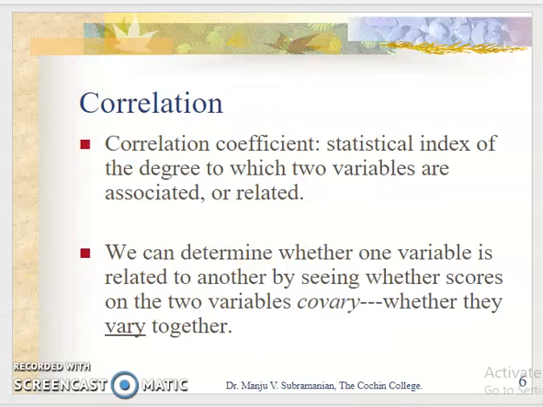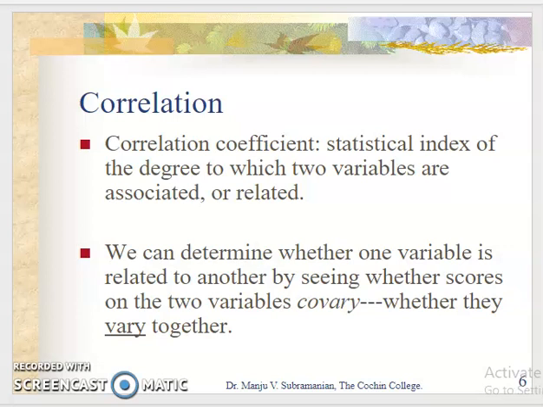The term correlation refers to the relationship between two variables. In the data analysis of biological experiments, it is frequently desirable to know whether a relationship exists between two variables, and these variables may be dependent or independent.